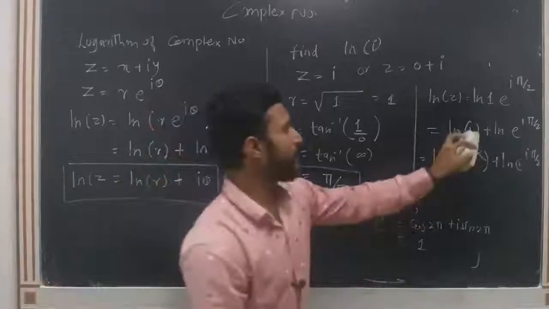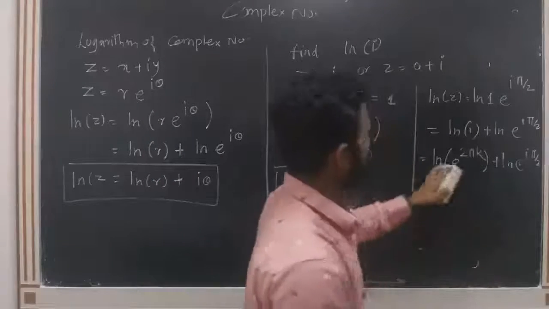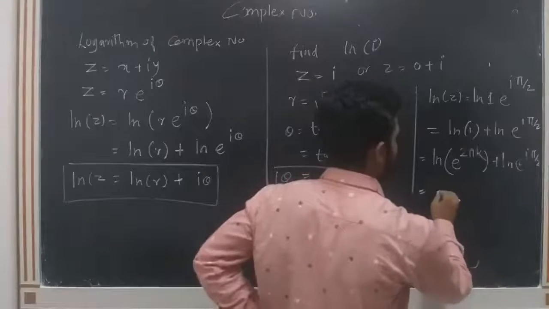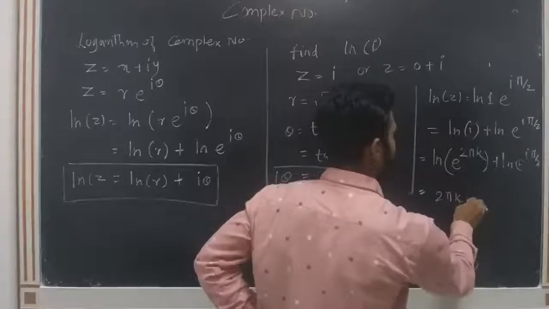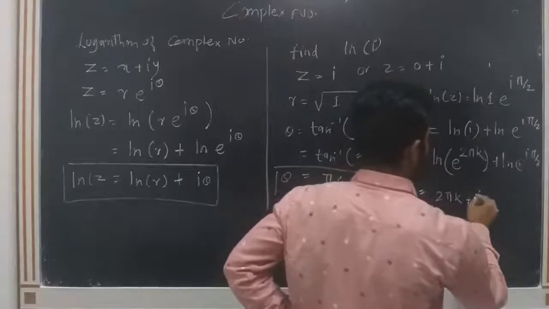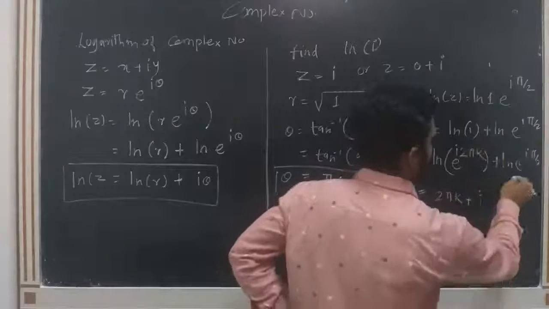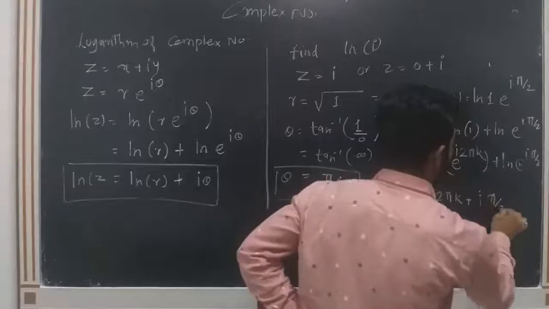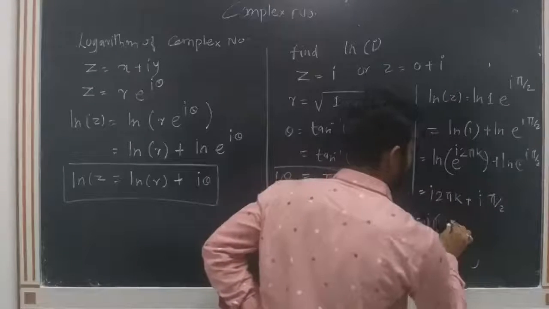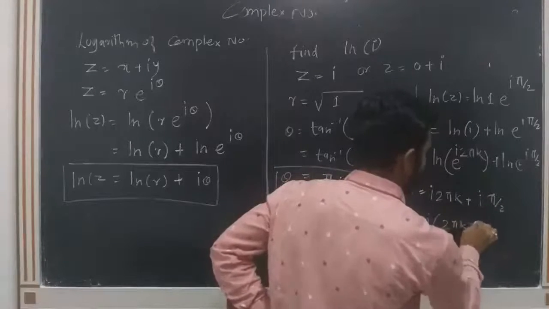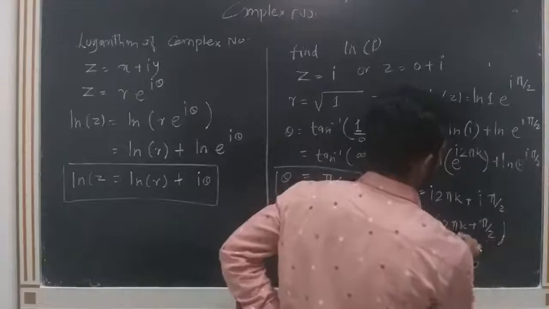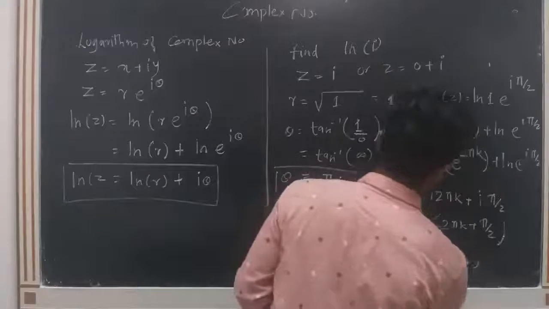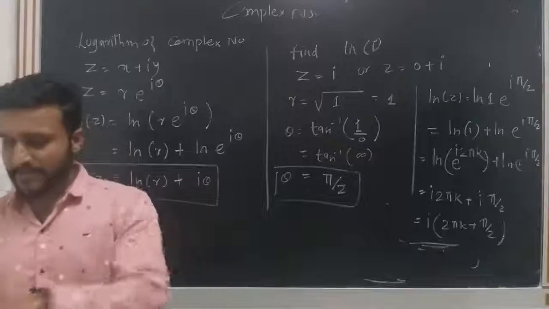So instead of 1, we can rewrite e raised to 2 pi k, and then we will get 2 pi k plus I pi by 2, just common out I, I times 2 pi k plus pi by 2, where k is equal to 0, 1, 2, 3, whatever it is. So this is the value.